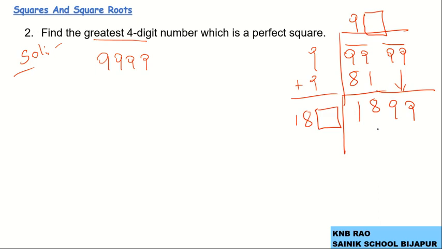Now, what we have, taking 18 into a digit, you have to choose wisely a digit. Here it is somewhere 1900 and 180 to 189.